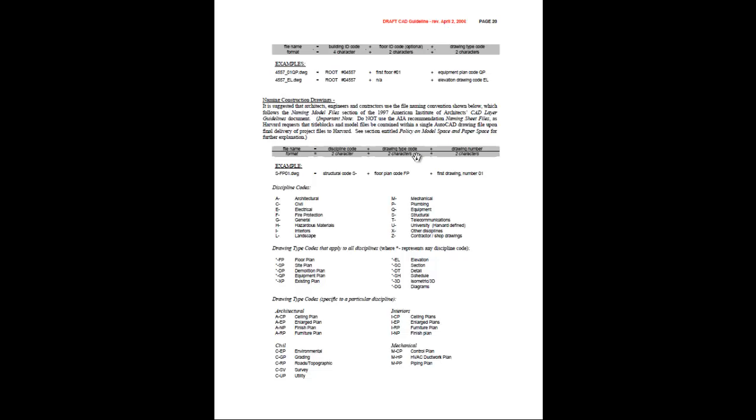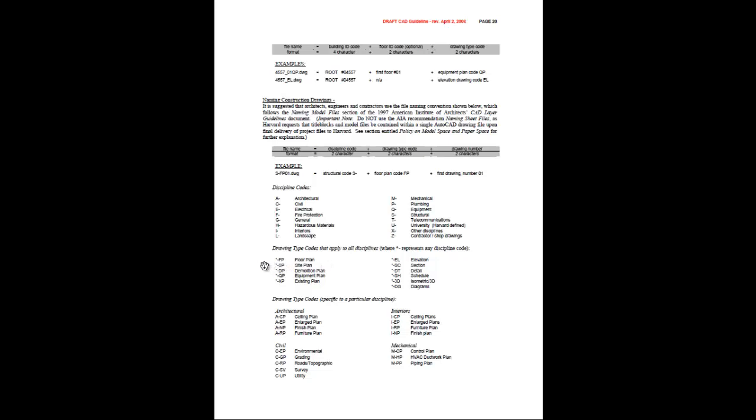But if we look down here, you can see that they're also naming the construction drawings. So your drawings in your package that you see have an A for architectural, C for civil, E for electrical, F for fire protection, G for general, H for hazardous materials, I for interiors, L for landscape, and then it will be floor plan or -FP1, FP2, FP3 for whichever elevation you're going to be on, or site plan.